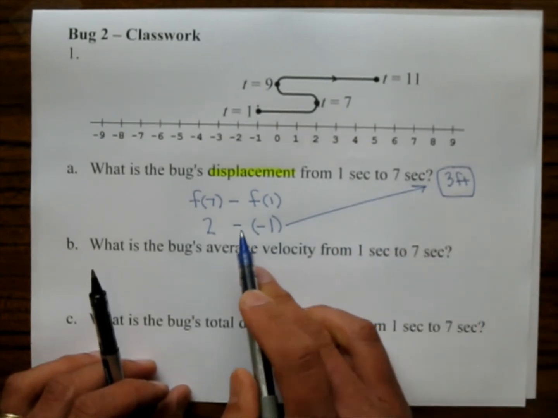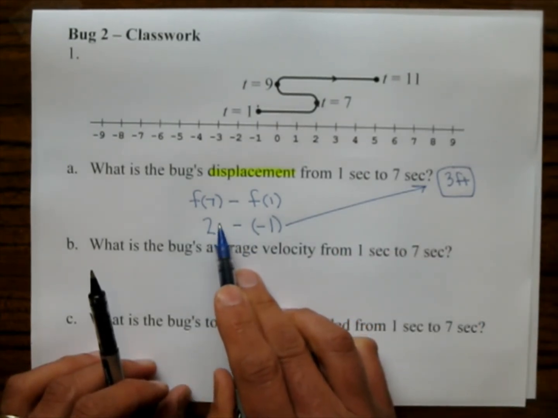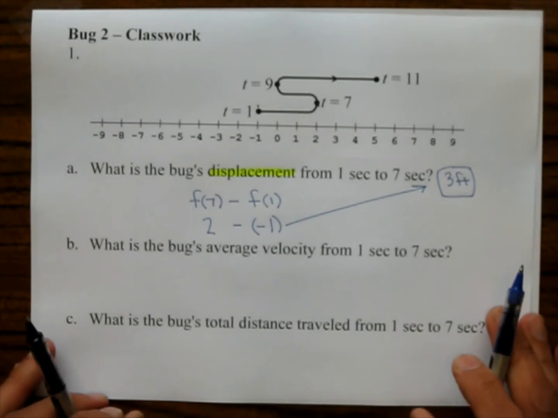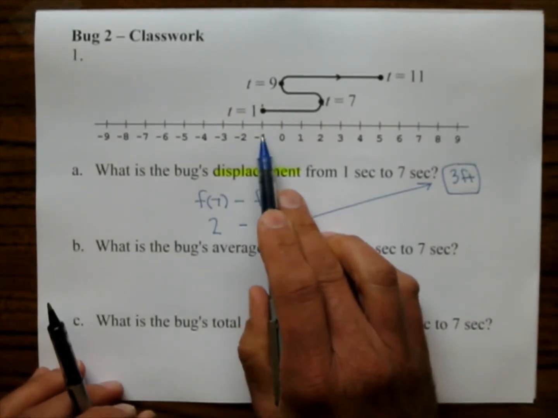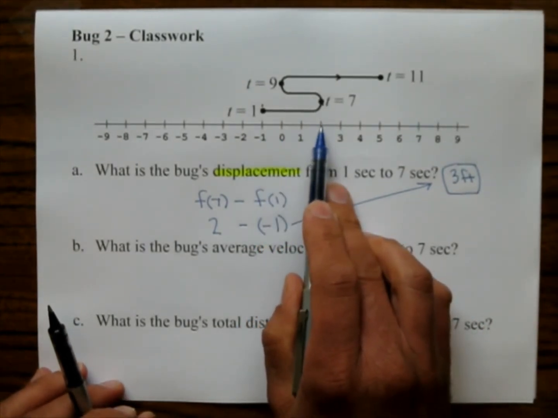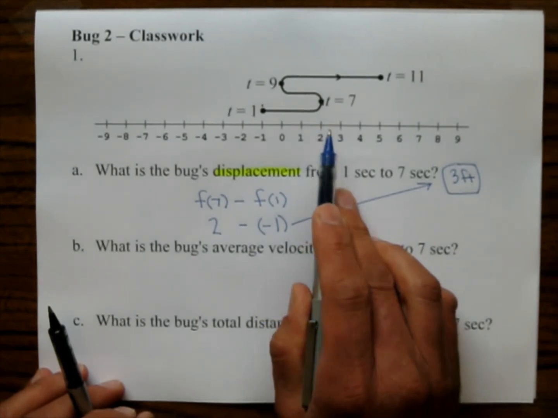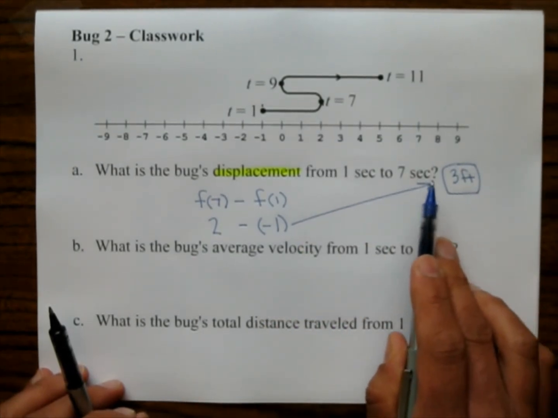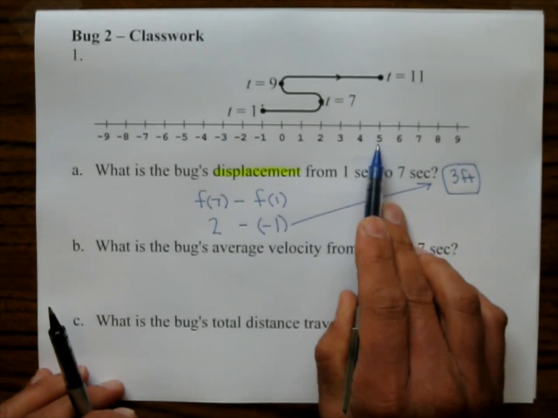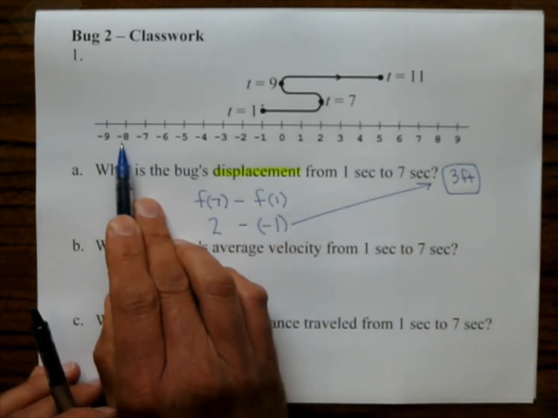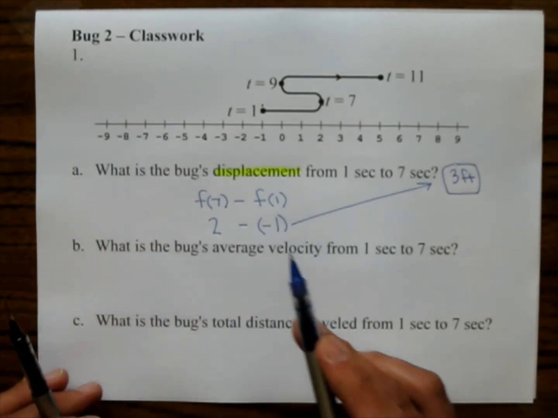So this gives us the displacement every single time. Okay, so the bug was displaced 3 feet to the right. Sometimes the displacement can be negative, like if at the beginning time the bug is here and at the end time the bug is over there. So sometimes his displacement can be negative.